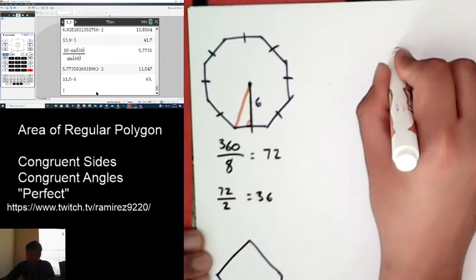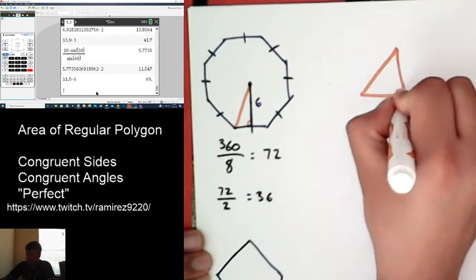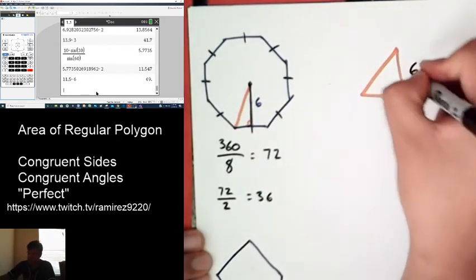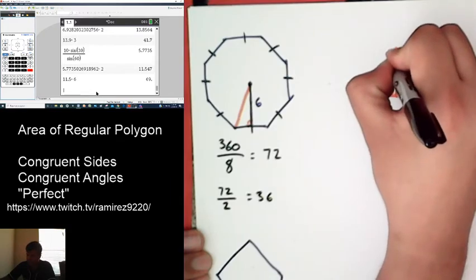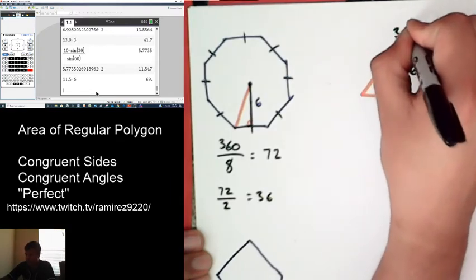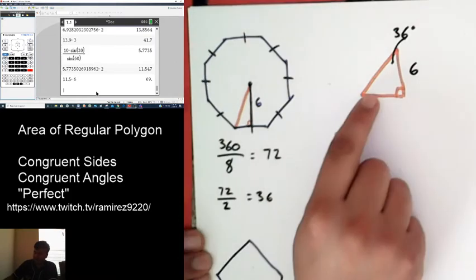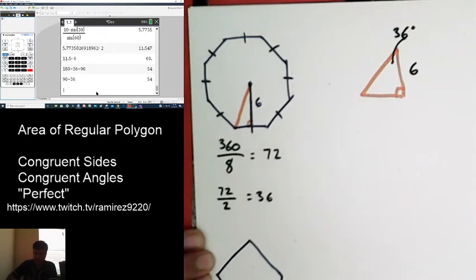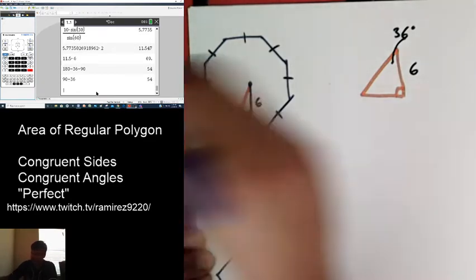So we have our right triangle, where originally this was 6. I found out that the angle right in there was 36 degrees. And if I calculate this angle right here, again 180 minus the 36 minus the 90. And yes, guys, you could technically just do 90 minus 36 on these because they're right triangles.